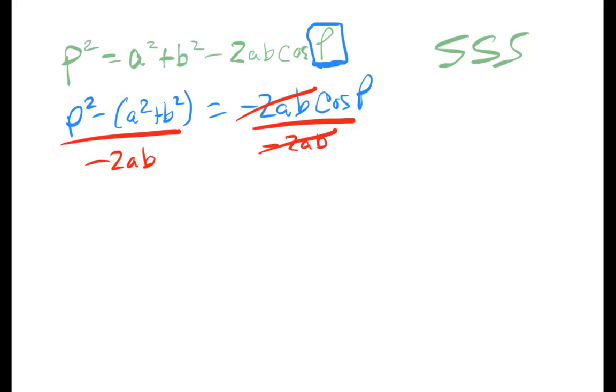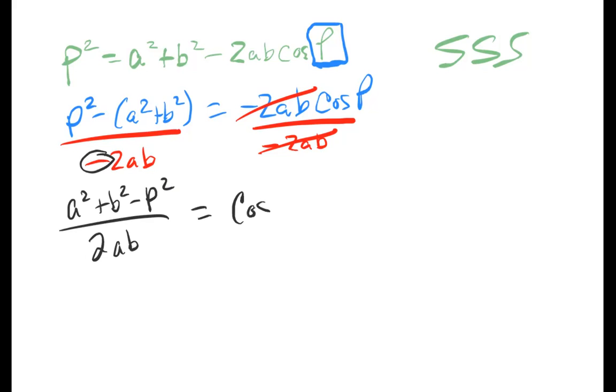Now, this next little step, we're going to move things around here. Basically, from the previous step, did I just move this negative factor from the bottom to the top? It looks cleaner. A squared plus B squared minus P squared all over 2AB, and that's equal to the cosine of angle P.